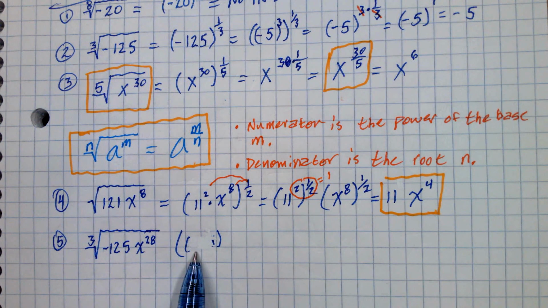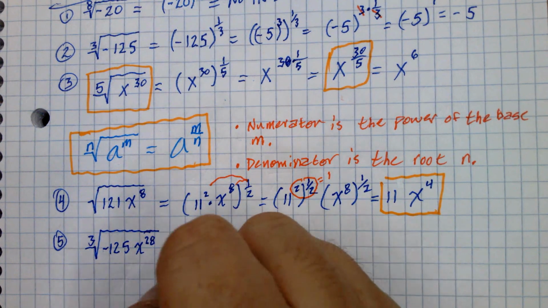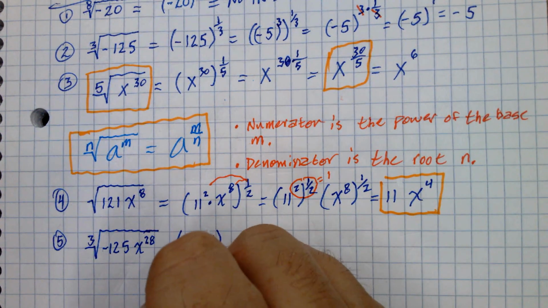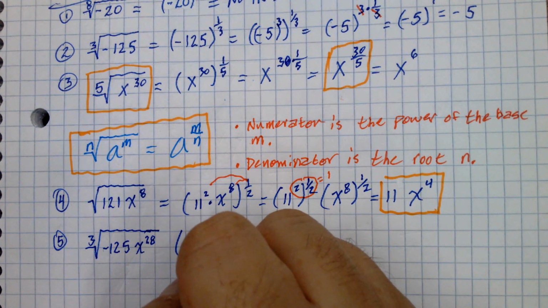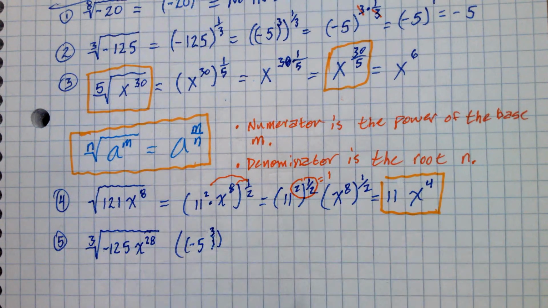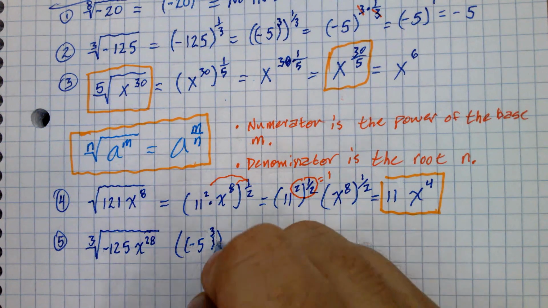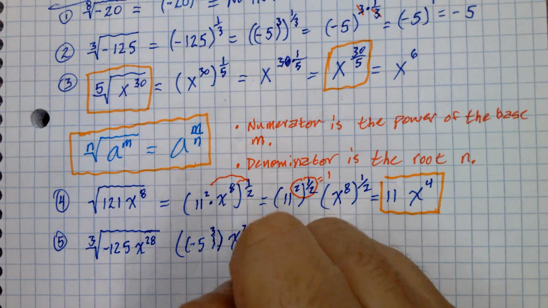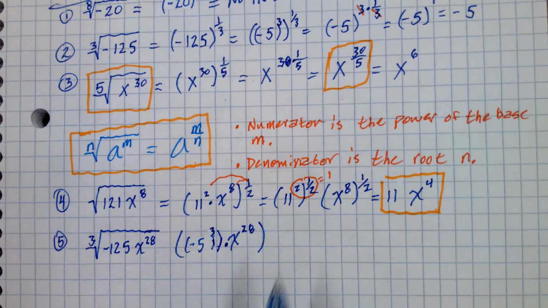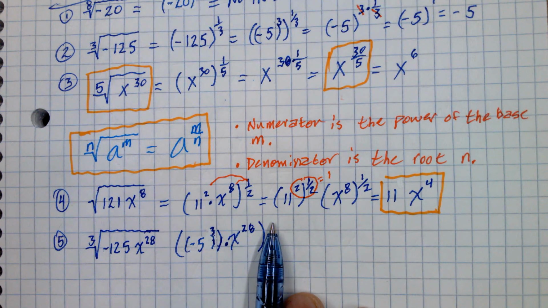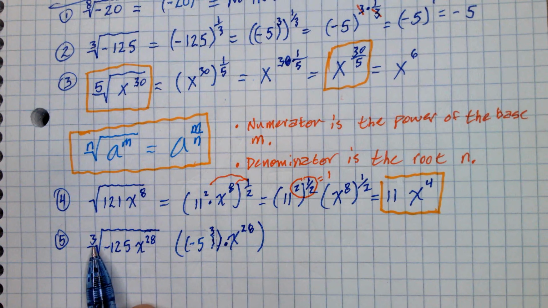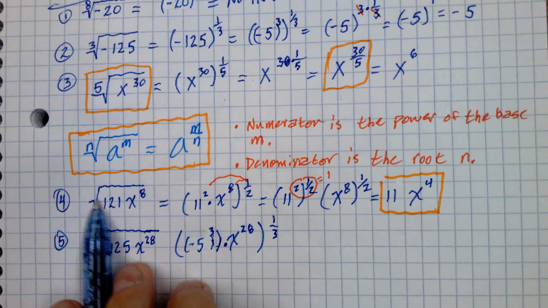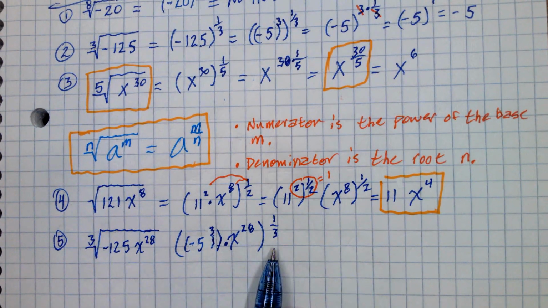Well, negative 5. Negative 5 to the 3rd power, and then we're going to multiply that times x to the 28th. Now we have to deal with this 1/3. Square root, it was 1/2. Cube root, it was 1/3.